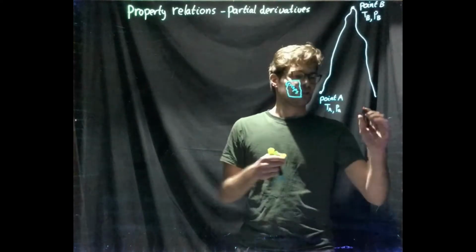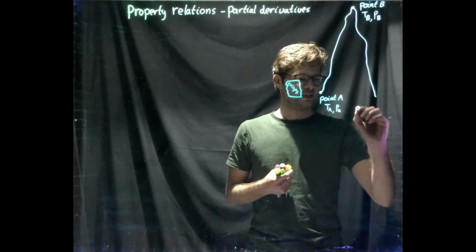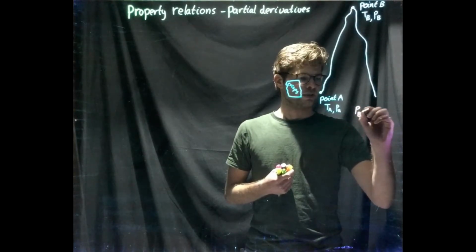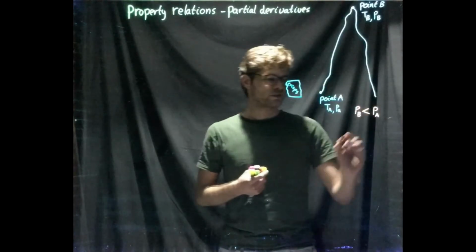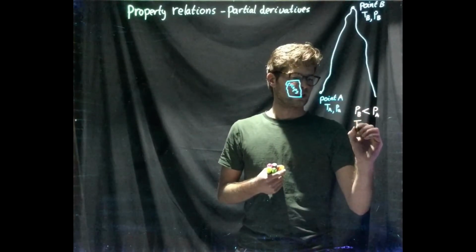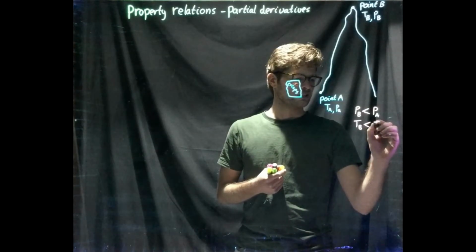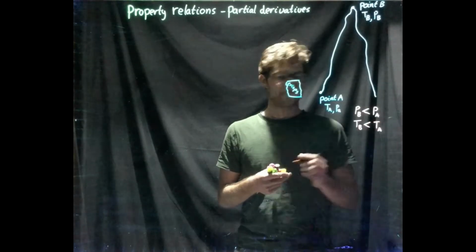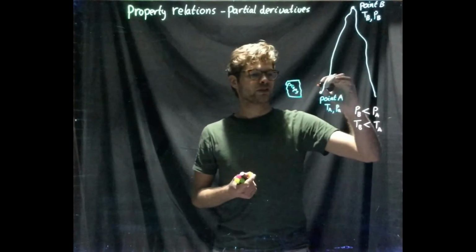Well, high in the mountains pressure is very low, so PB is lower than PA, and high up in the mountains temperature is usually lower than temperature at sea level, TA. And we're going to bring this bag of crisps with us to the top of the mountain.